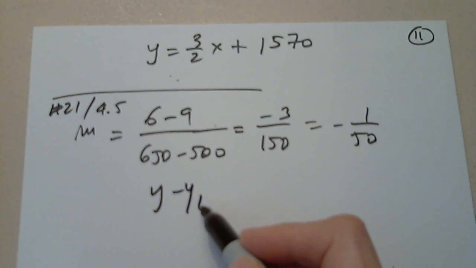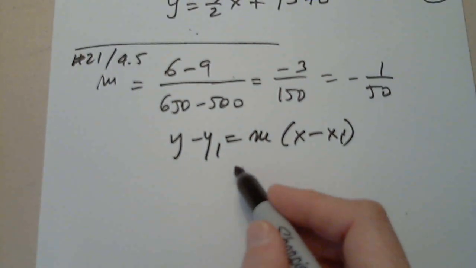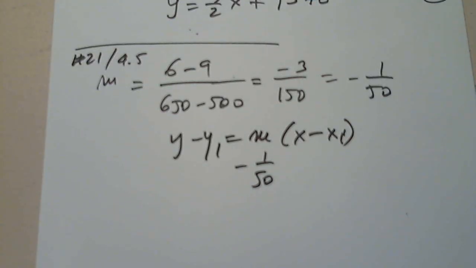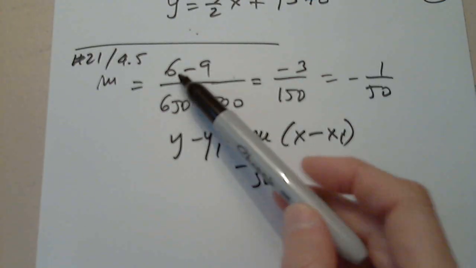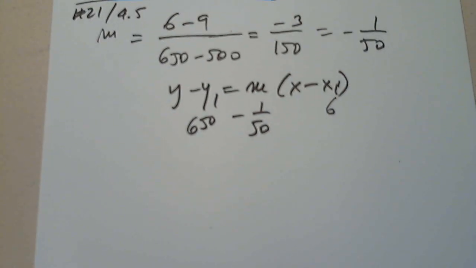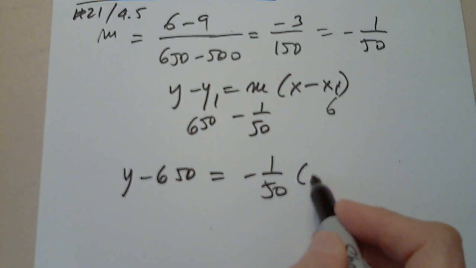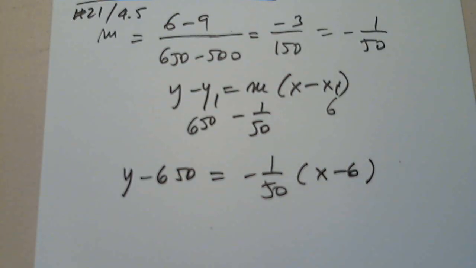So I have y minus y1 equals the slope times x minus x1. So this is negative 1 over 50. And I have the point 6 and 650. So y minus 650 equals negative 1 over 50 times x minus 6. So let's see what form they want. Find the linear equation in slope-intercept form.